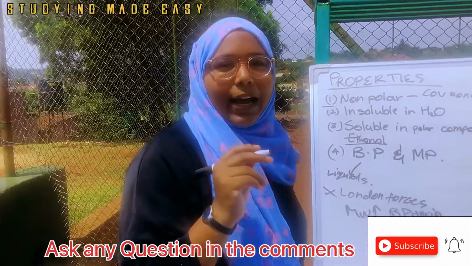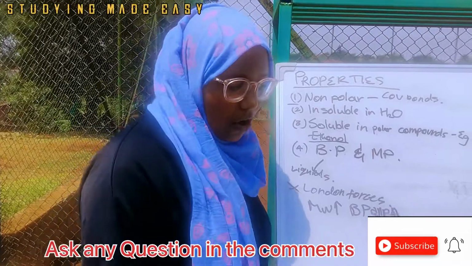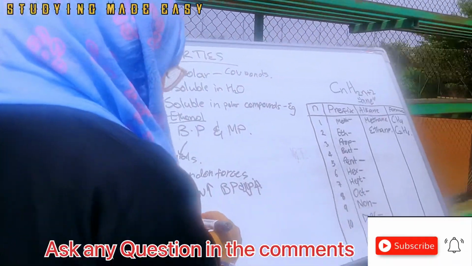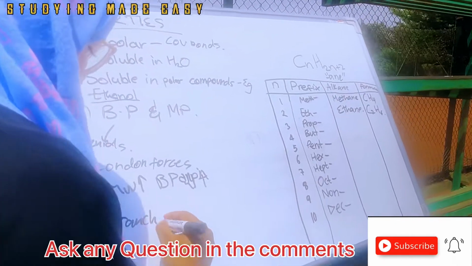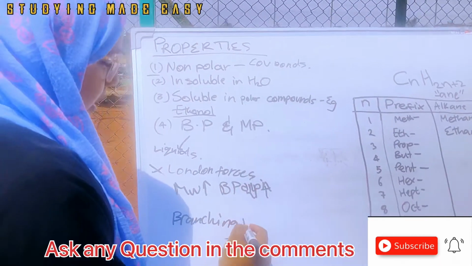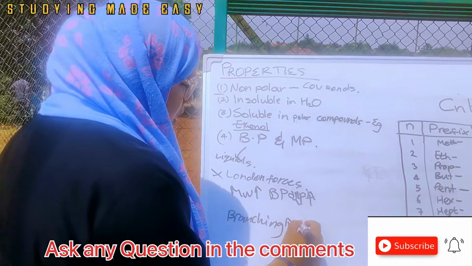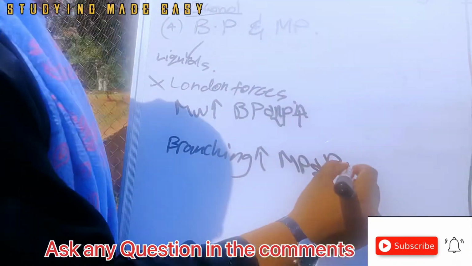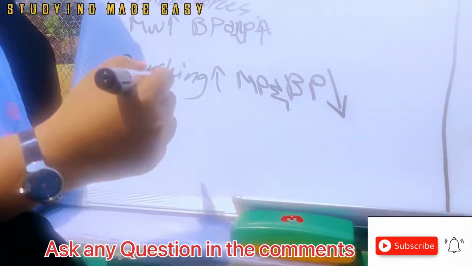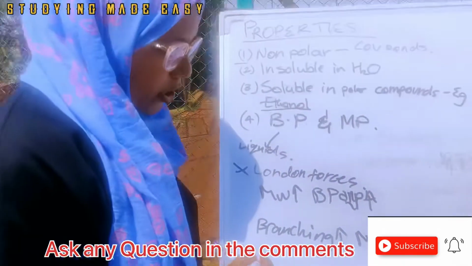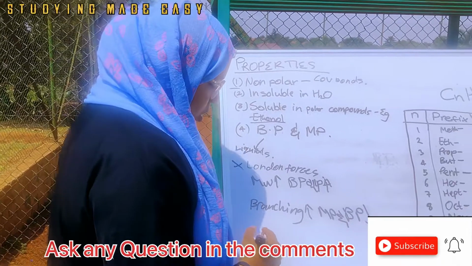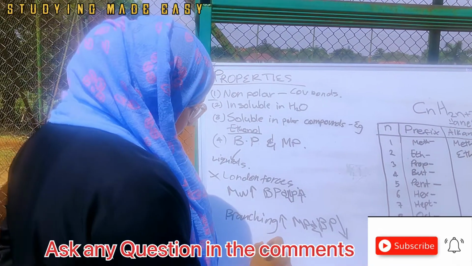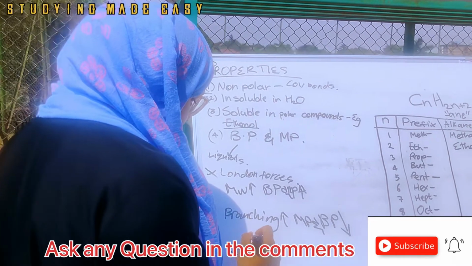And then when we look at branched alkanes or branched compounds, as branching increases, melting point and boiling point decreases. Why? This is mainly because when an alkane is branched, let me give you an example here.